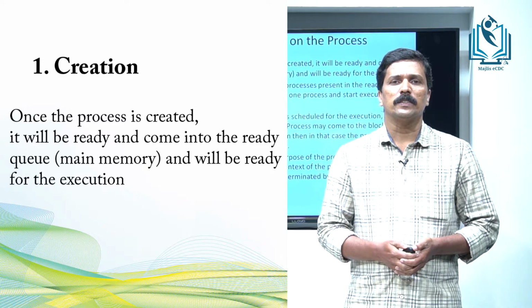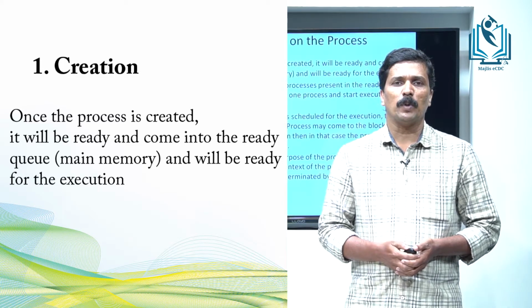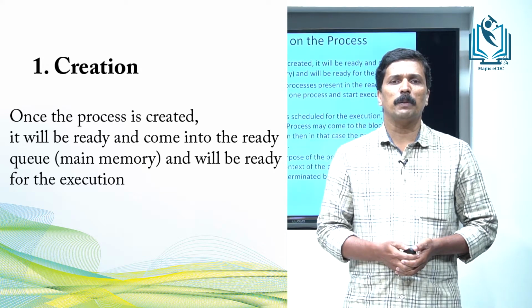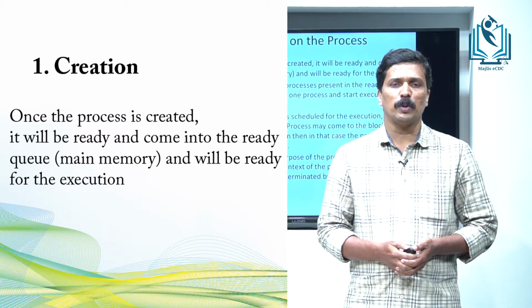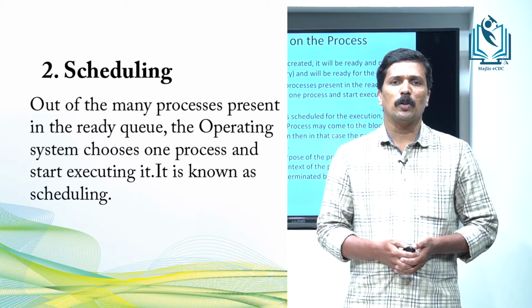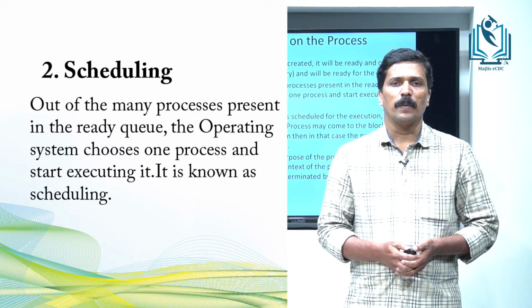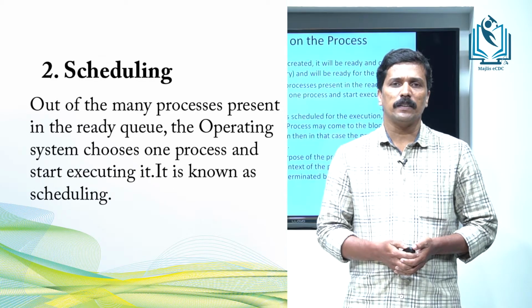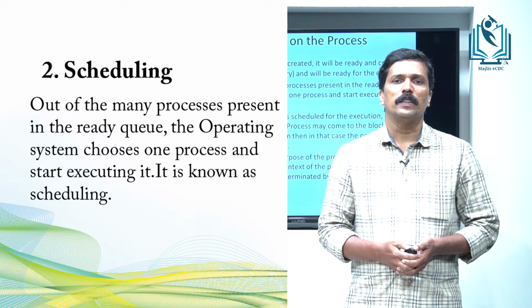It is known as creation of a process. That is, when a process is loaded into main memory for execution, it is known as creation of a process. Scheduling. Among a group of processes from the ready queue, the operating system selects one process for execution. It is known as scheduling.